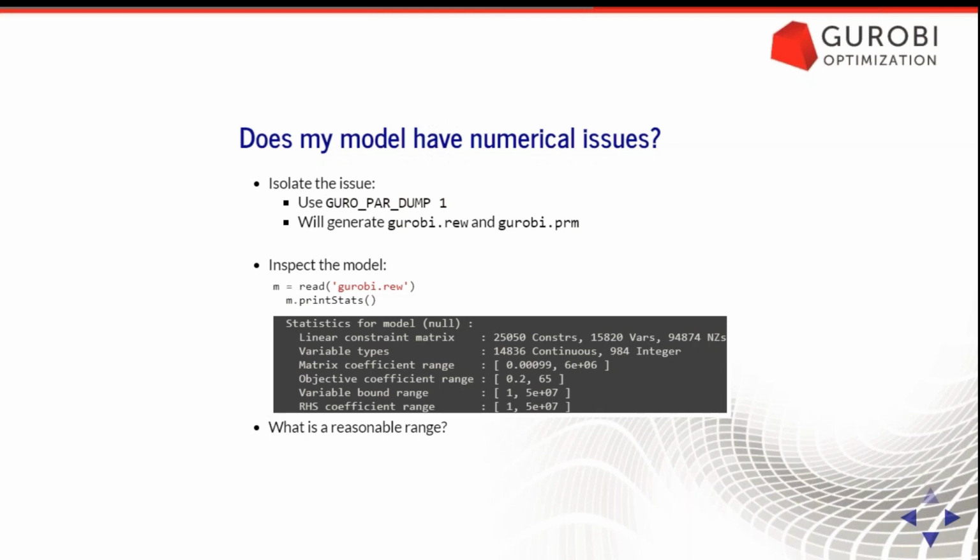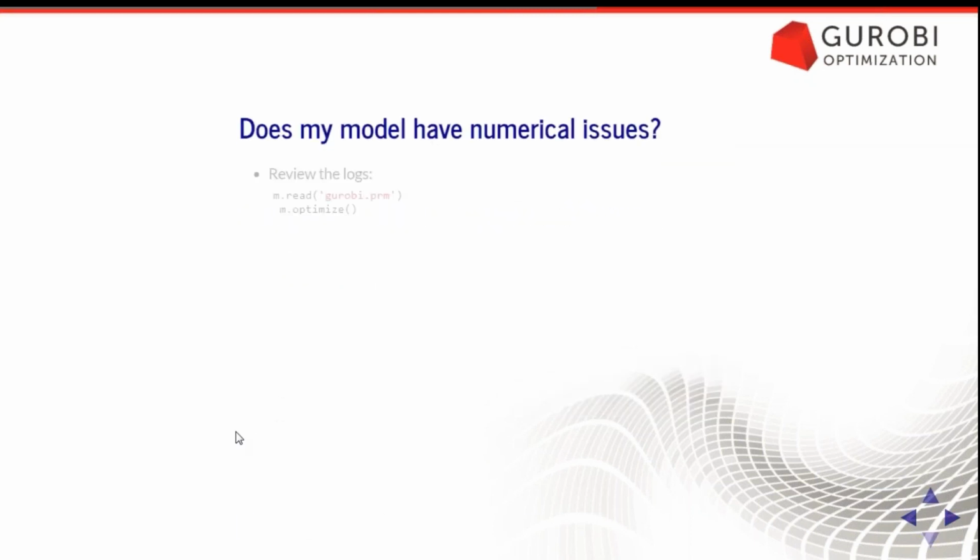You can do that easily by printing the stats, and that will give you the matrix range, the objective coefficient range, and everything. That will let you see if the ranges of these coefficients are within reason or not. Also, if everything looks fine there, you should then read into the model the parameters that you were using. And after reading those parameters, you can call optimize.